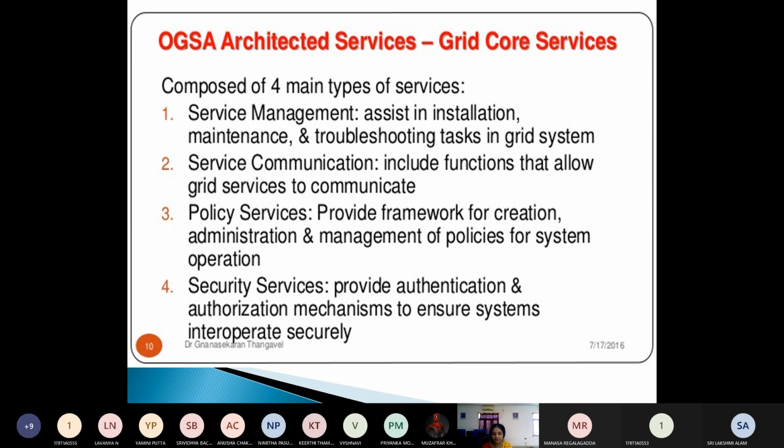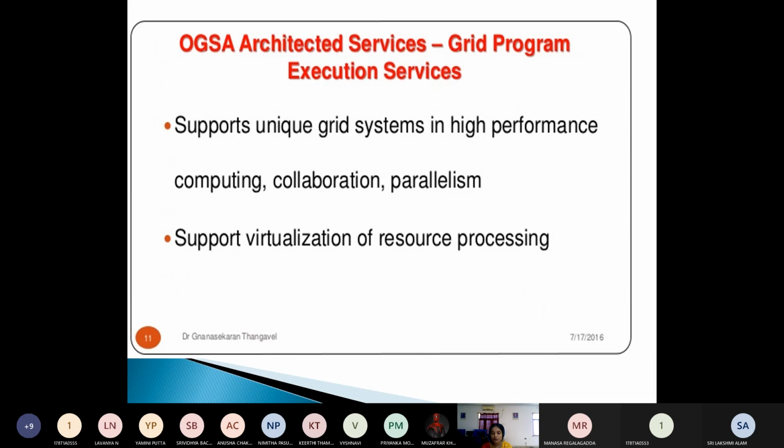Next is grid program execution services. What is meant by grid program execution services? It supports the unique grid systems with high performance computing, collaborations, and parallelism.